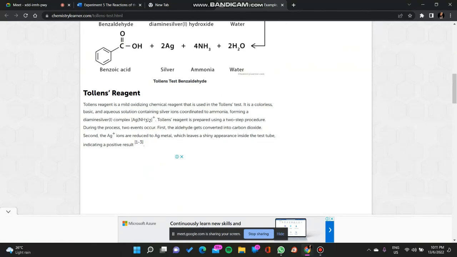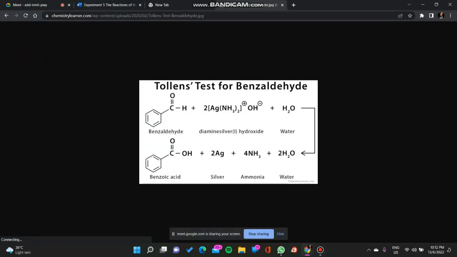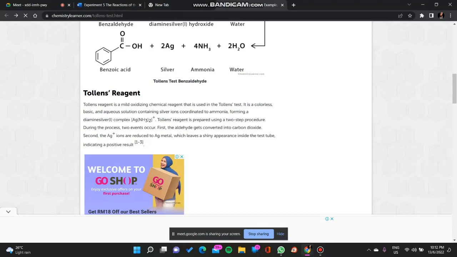It's a colorless, basic, aqueous solution containing silver ions coordinated to ammonia, forming a diamine silver complex, and it's prepared using a two-step procedure. And then the aldehyde gets converted into a carboxylic acid.